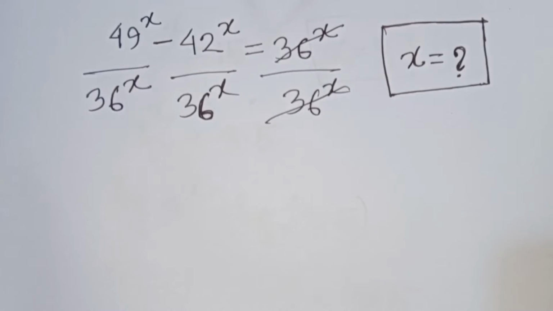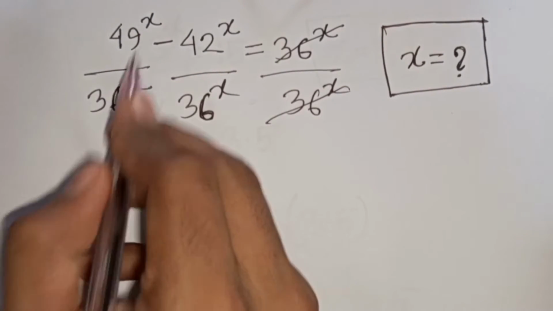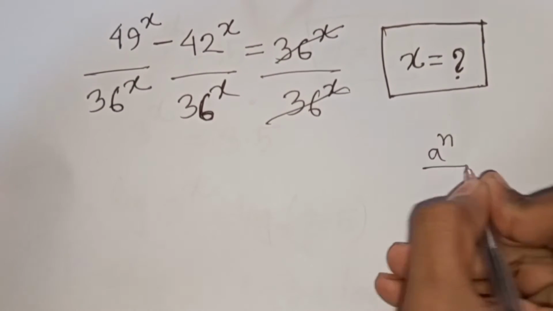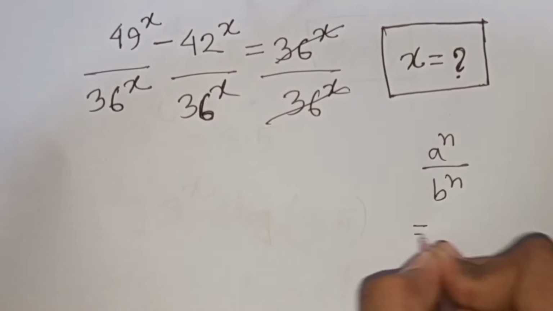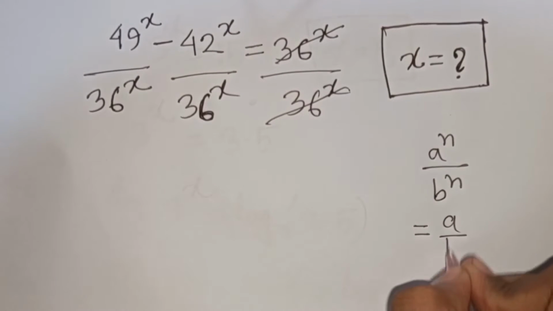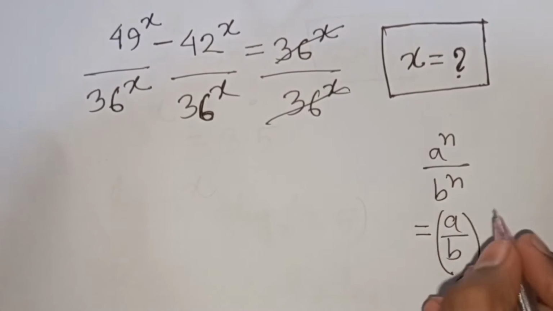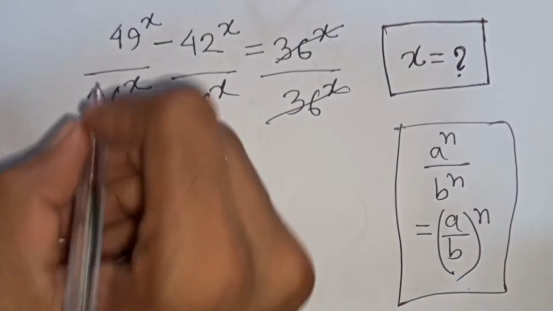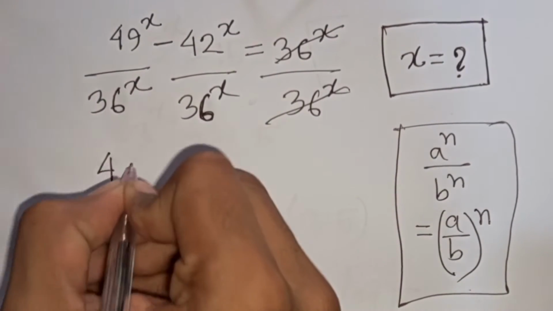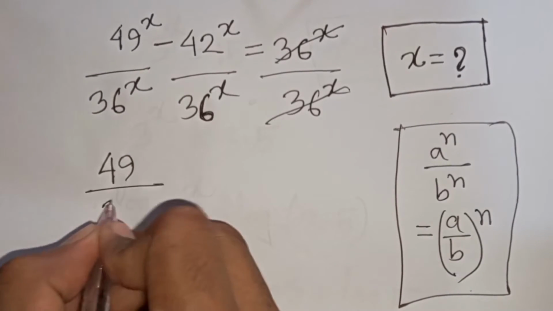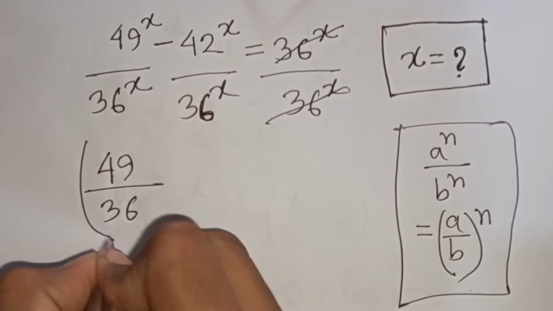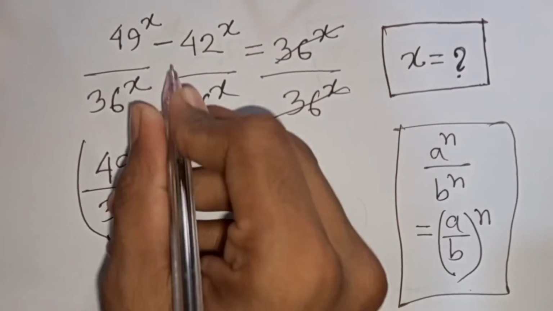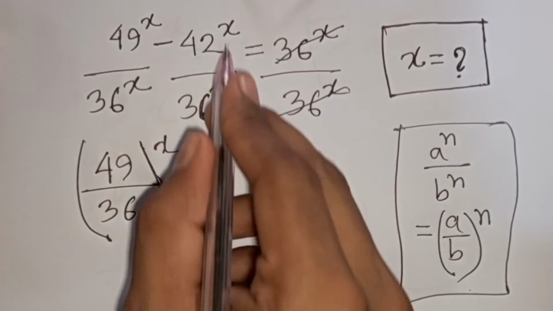Now from here, x has the same power but different bases. So according to this exponential rule, a power n over b power n is equal to a over b, then bracket common power n. So according to this formula we can write here 49 over 36, then bracket common power x, minus, again x same power but different base.